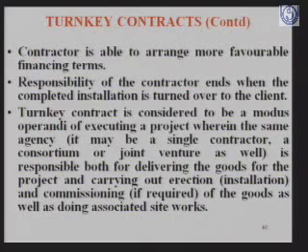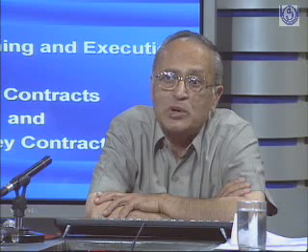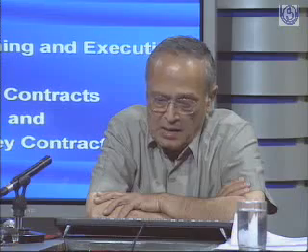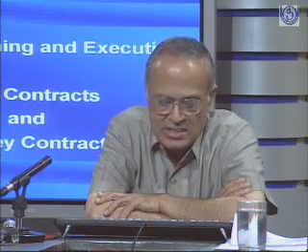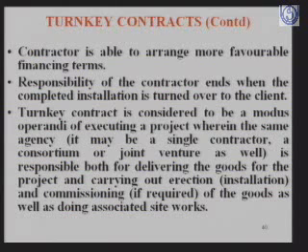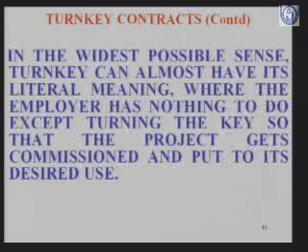So responsibility can be given to them for both delivering the goods for the project and carrying out erection, installation and commissioning if required, as well as doing associated site work. So the entire responsibility is given to the turnkey contractor.